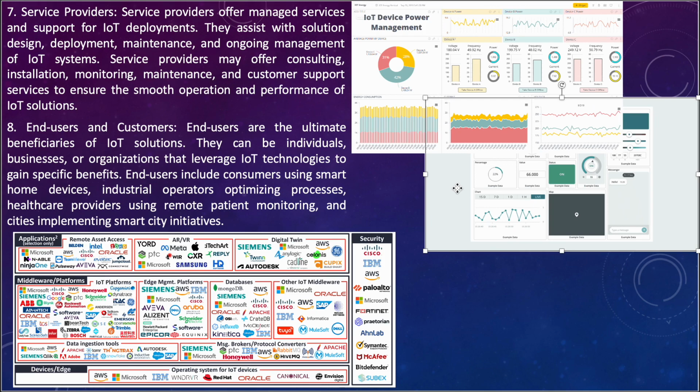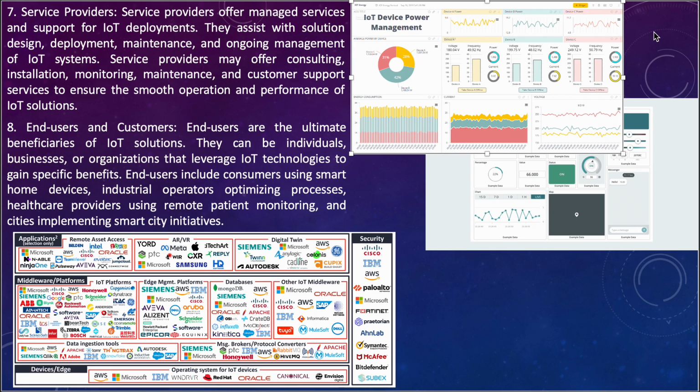It could be logistical purposes, power management, predictive maintenance, healthcare, so on and so forth, right? End of the day, they will see the front end of the application where data is being displayed in such a manner.